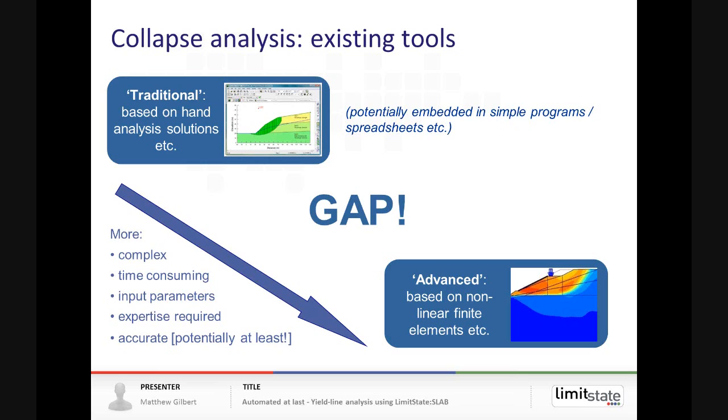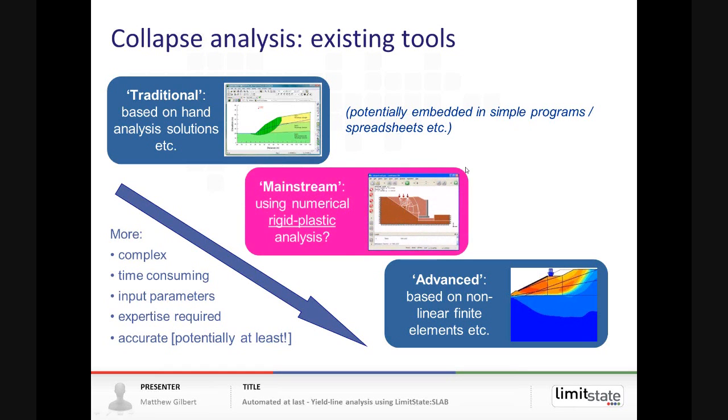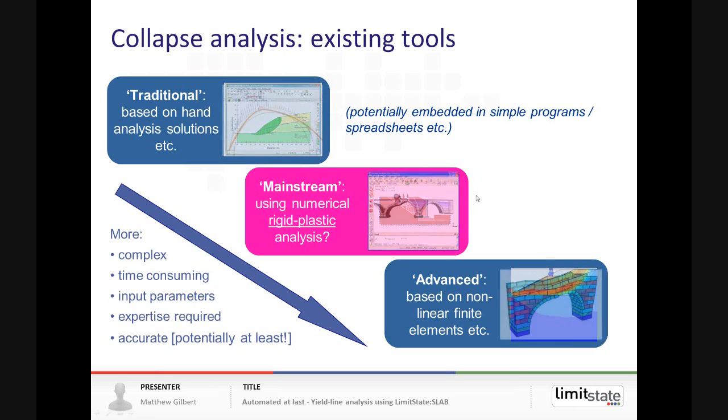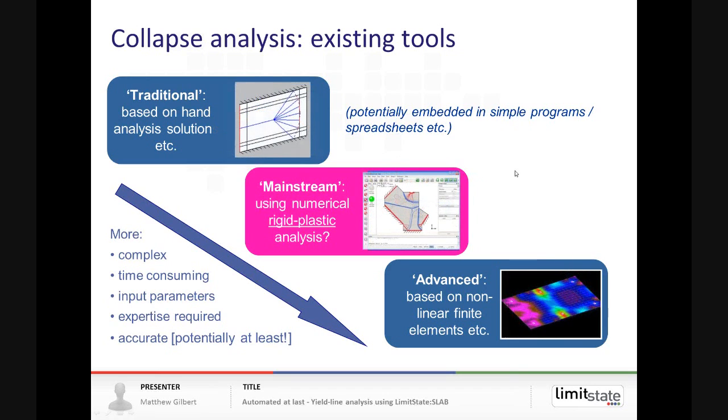And there's basically been a big gap in between those two types of tool. And our aim has been to fill that gap with mainstream tools that use numerical rigid plastic analysis. And we can do this for geotechnical problems. We can also do this for example, masonry arch bridge problems. And clearly of interest today is that we can now do this for concrete slab problems as well.